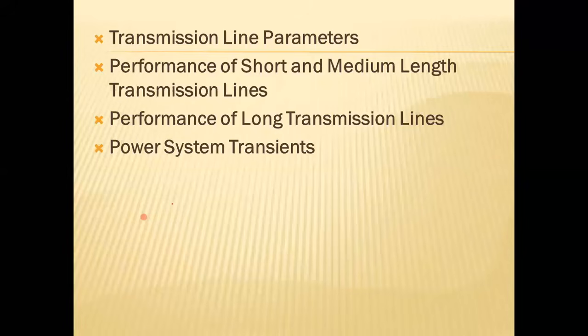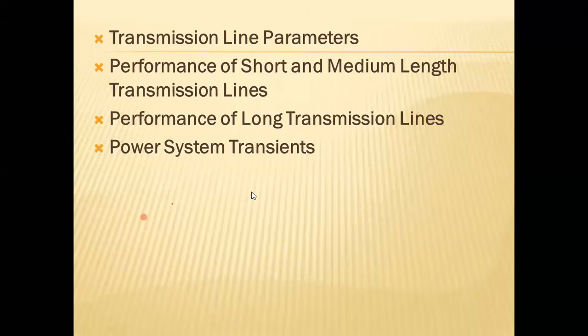How to terminate the lines under different conditions? What is an open circuited line? What is a short circuited line? What is a T junction? Lumped reactive. All these factors will be discussed in power system transients.